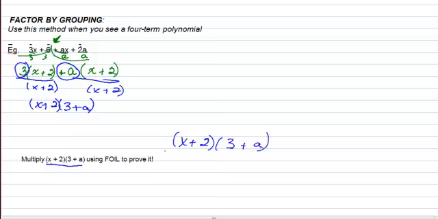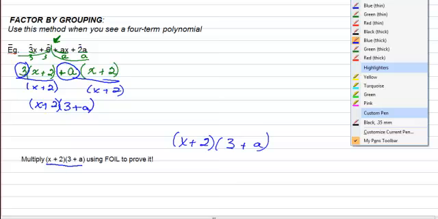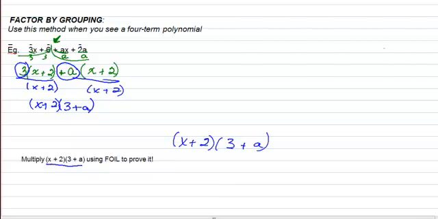And now we're going to FOIL this thing out. We need to really believe that this works. So x times 3, x times a, and I write it ax just because we like it alphabetical, 2 times 3, and 2 times a.